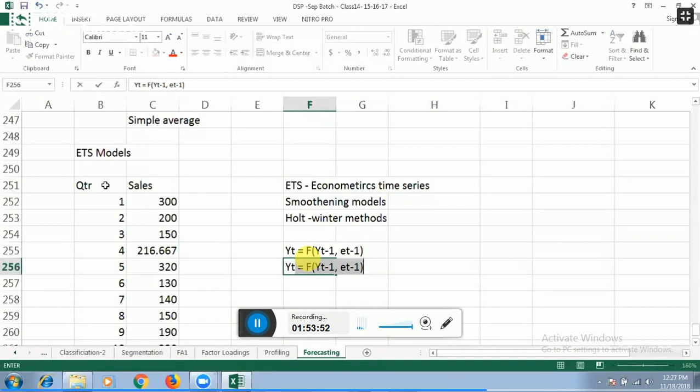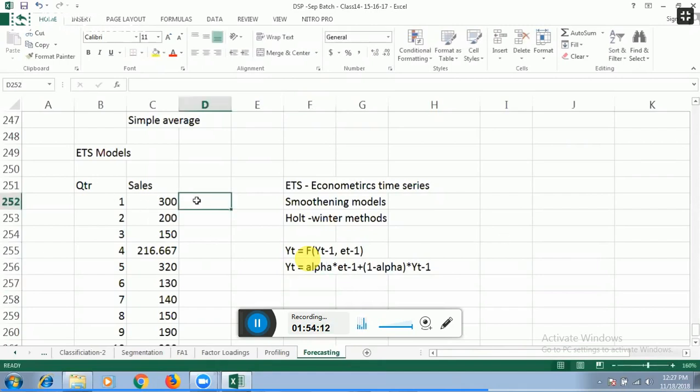Yt = alpha times e(t-1) + (1 - alpha) times y(t-1). So what this tells me is, suppose your forecasted value, for example, is 300. In the beginning, you have your Yt as something, and then your error is basically what?